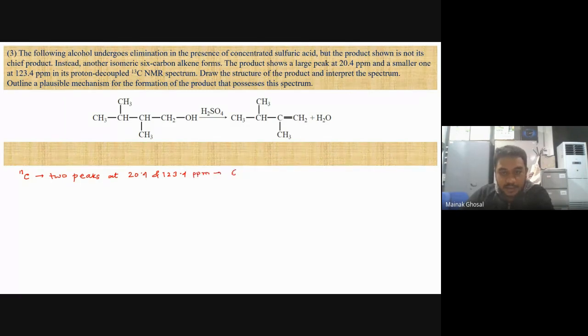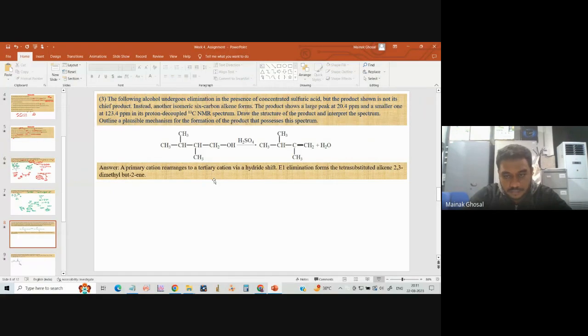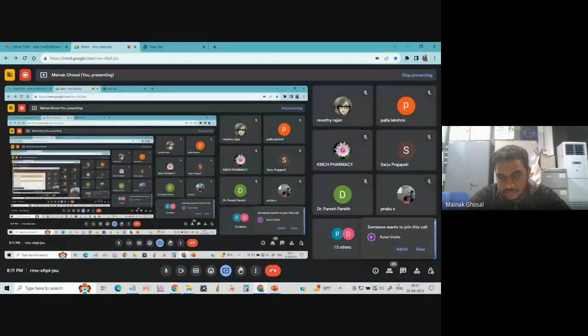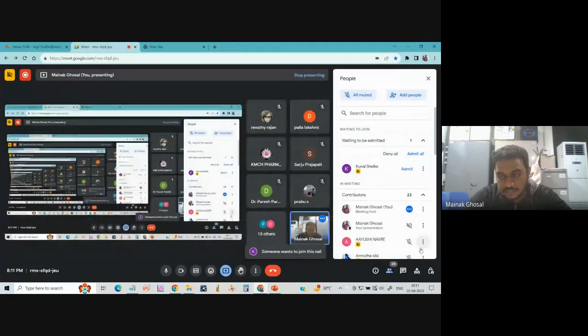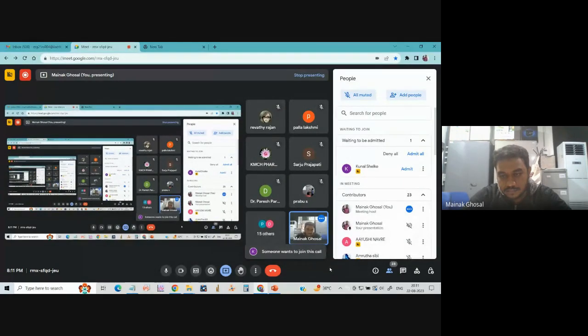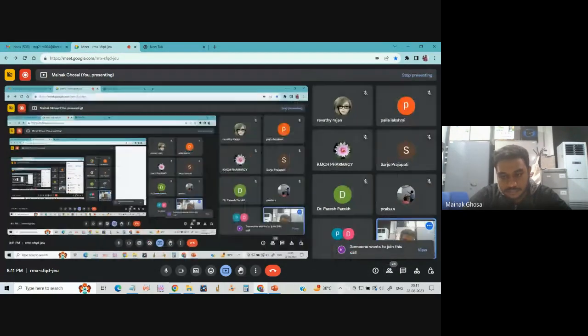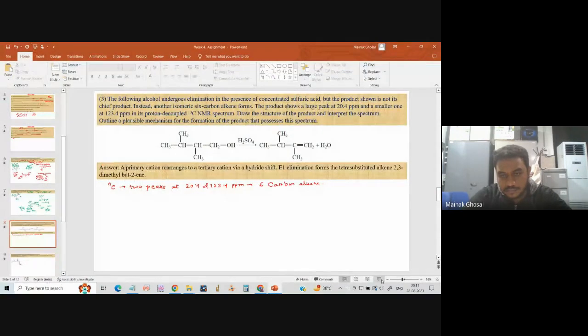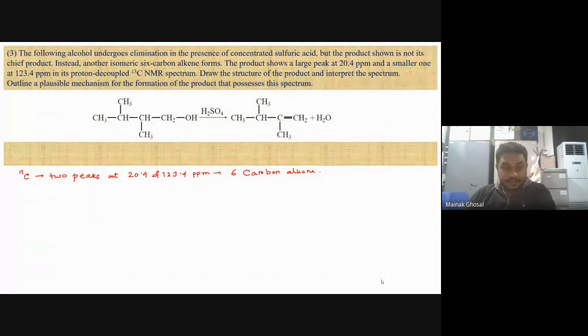This is a 6-carbon alkene. Now you will see, I would like to draw the structure.